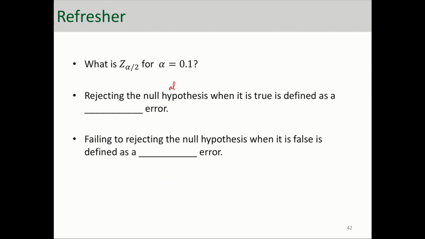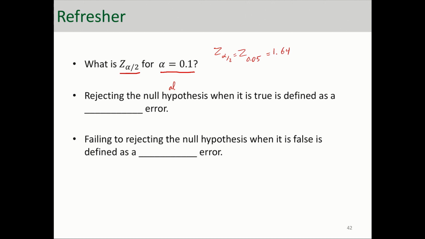Here it's asking us what z of alpha over 2 is if alpha is 0.1. We already talked about how to find these critical values from the z table or normal distribution table. In this case, z of alpha over 2 will be z of 0.05, which is 1.64, and you can double check that on the normal distribution table.